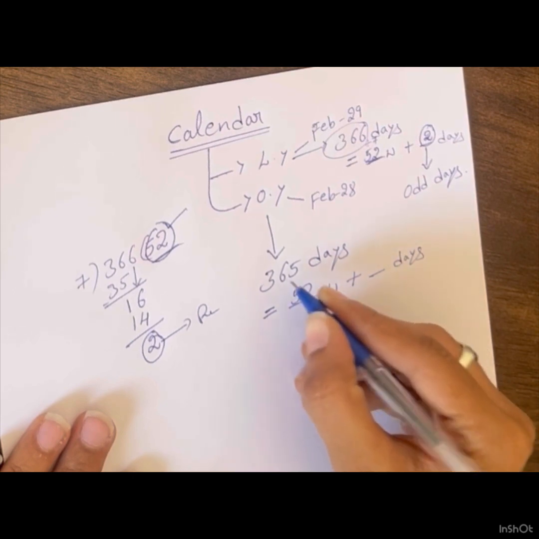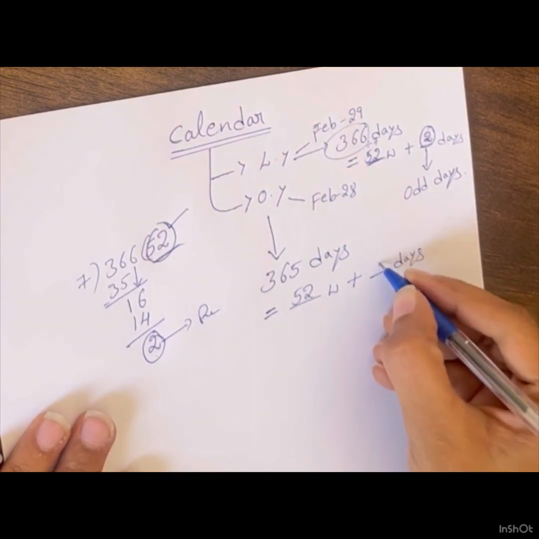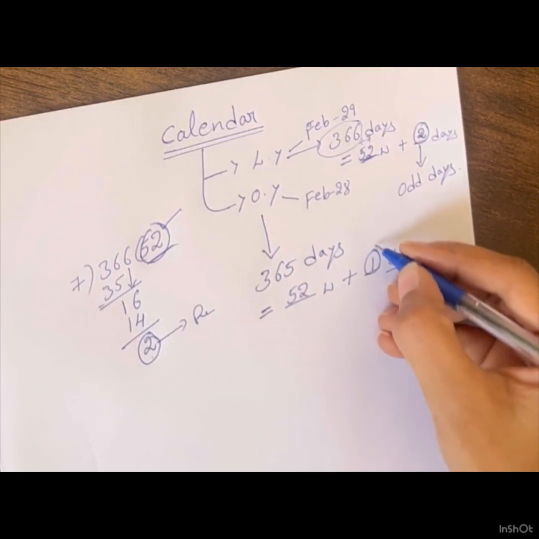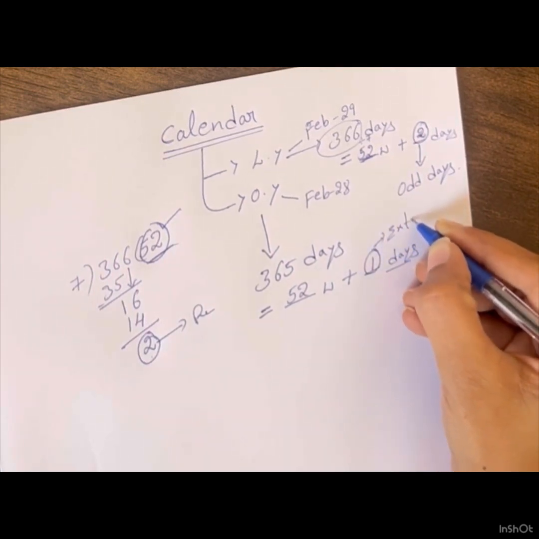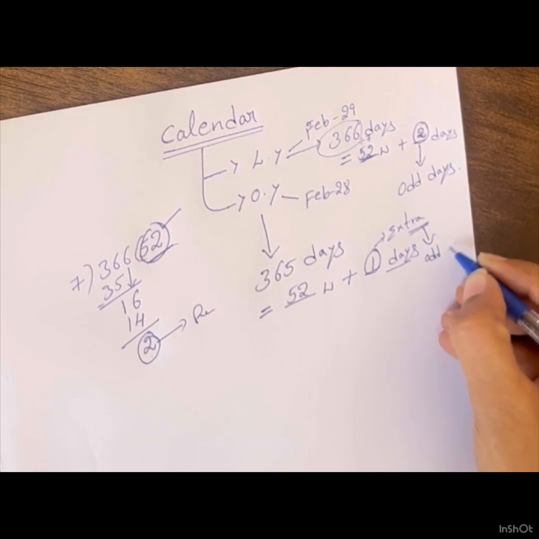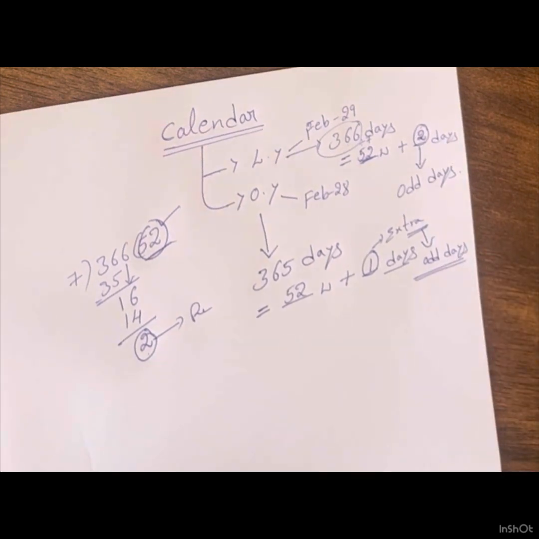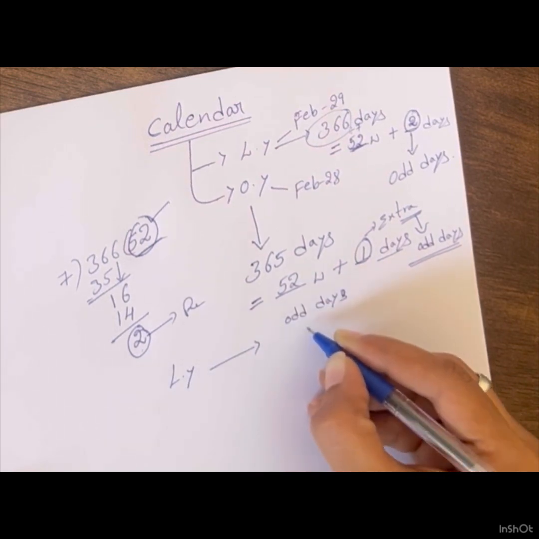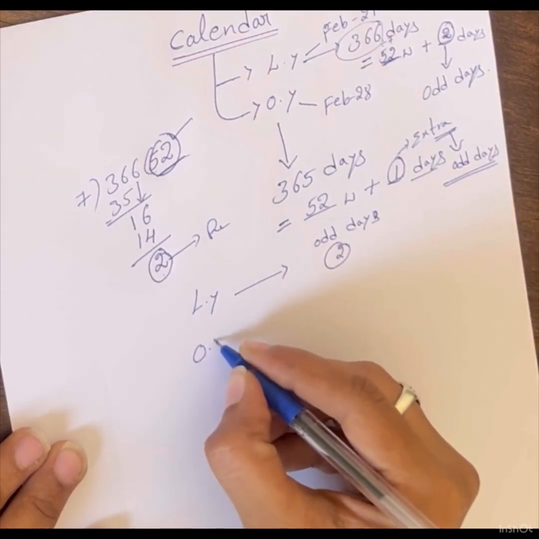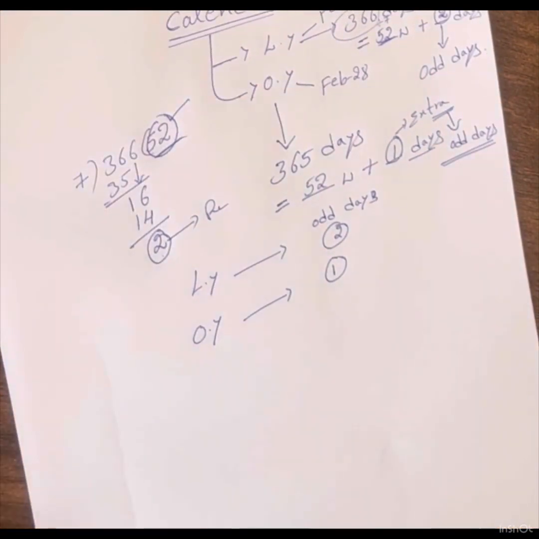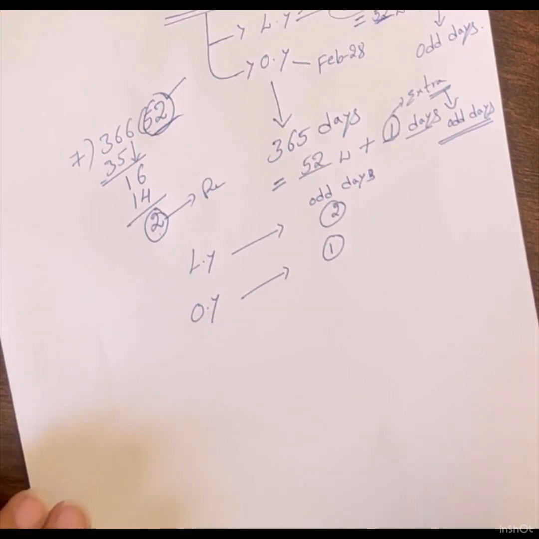So 52 weeks plus 1 extra day, and this extra day is nothing but an odd day. Is it clear? Every leap year contains 2 odd days and an ordinary year contains only 1 odd day. This is most important when solving problems.